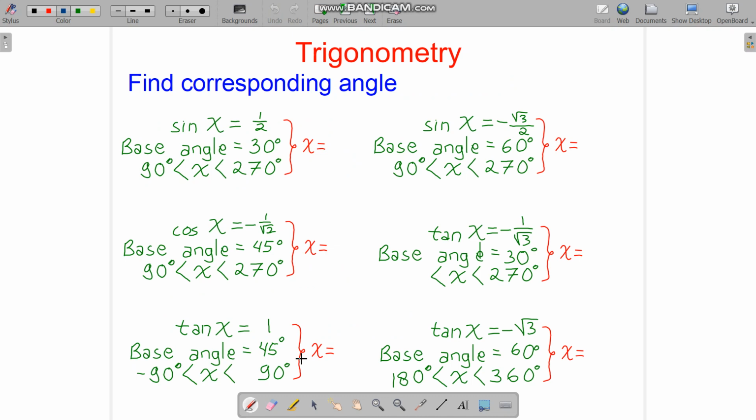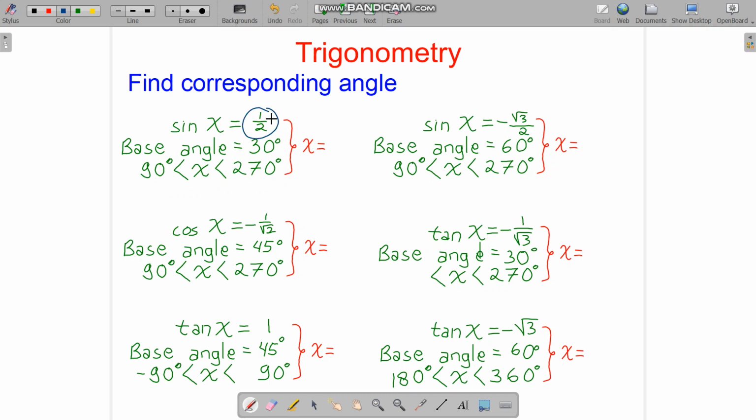So now the next step is to find the corresponding angle. So let's say in the question you have sine of something equals something positive, so you know that it's got to be positive, and you've got the base angle from the inverse sine. The base angle is 30 degrees and it's between 90 and 270. So this means we have to use the quadrant 2 angle.